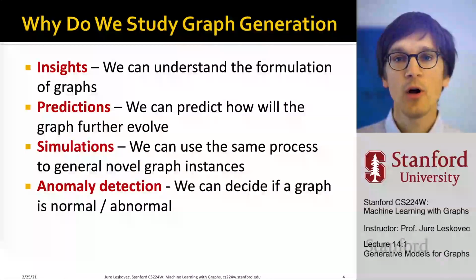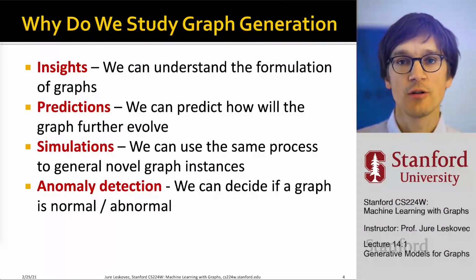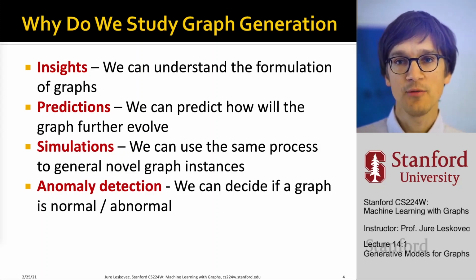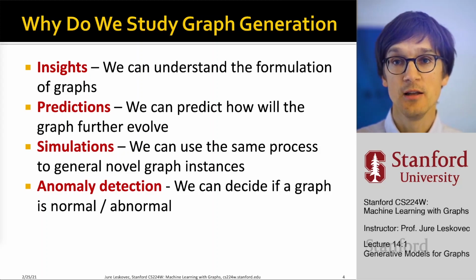So why do we want to do graph generation? Why should we care? First is that we want to understand how real graphs form. These generative models can provide us insights about what kind of processes take place, let's say in social science, in humans, when we create our own social networks and social connections.